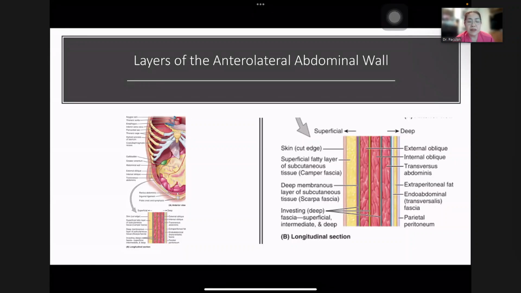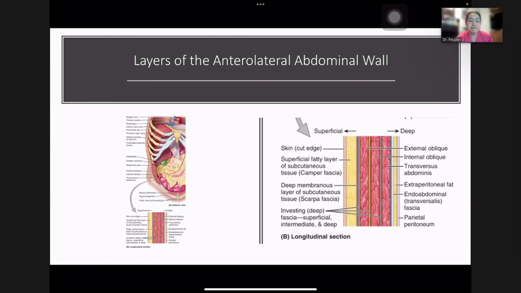As you can see, the boundary between the anterior and the lateral wall is indefinite. Therefore, the term anterolateral abdominal wall is used instead of just the anterior wall of the abdomen. Why indefinite? Because there is intertwining of the muscles located at the lateral aspect, except, of course, your straight muscles, the rectus, which I will show you later on.